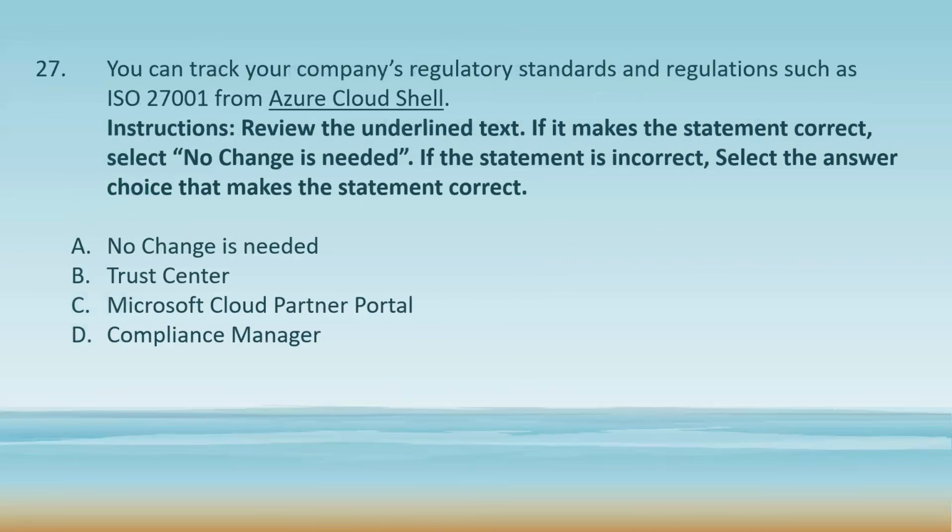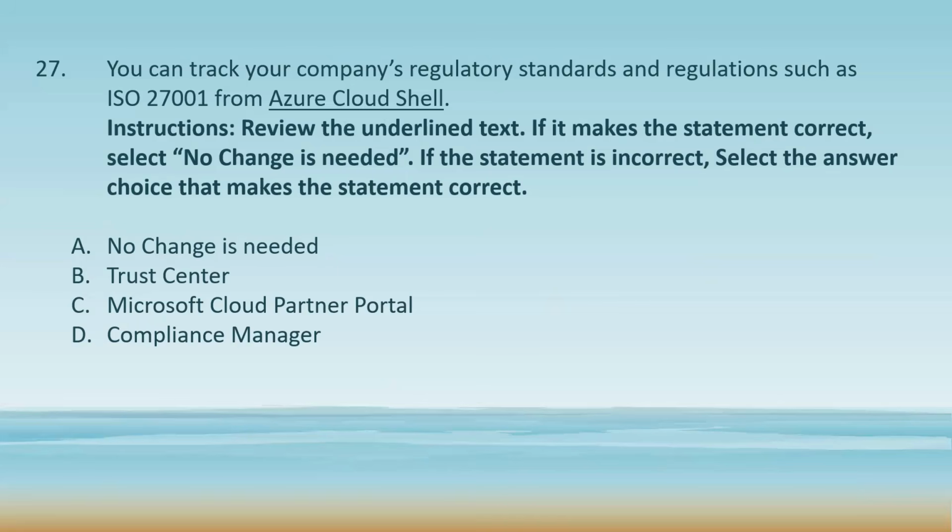You can track your company's regulatory standards and regulations such as ISO 27001 from Azure Cloud Shell. Now the instructions are you need to review the underlined text. If the text makes the statement correct, you need to select no change is needed.